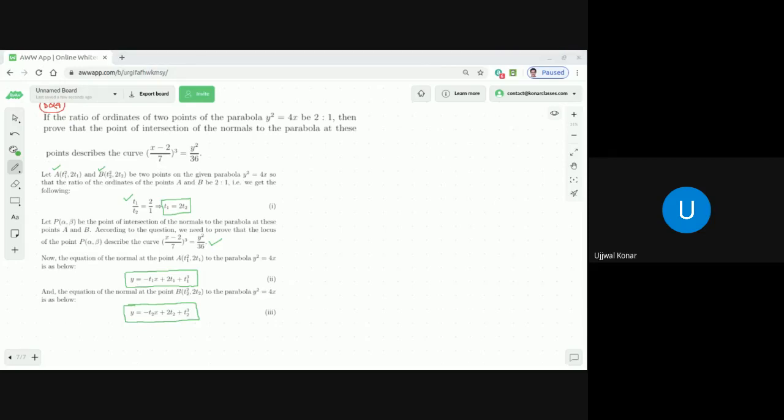Now, the point alpha beta must satisfy these two equations, no? Correct? So alpha beta definitely satisfies these two equations. So if alpha beta satisfies these two equations, we definitely get this kind of relation.